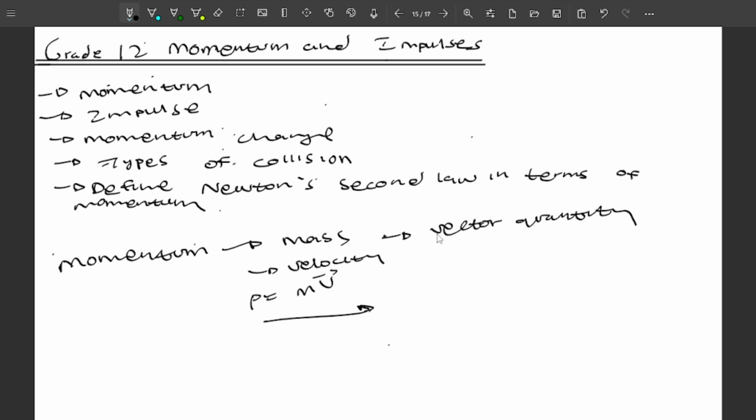The reason is because it has velocity, and velocity itself is a vector because it has a direction. So whenever you're calculating momentum, you have to also state in which direction that momentum is applied, which is mainly important. Students usually make the mistake of forgetting the direction, and they don't get full marks because of these silly mistakes.